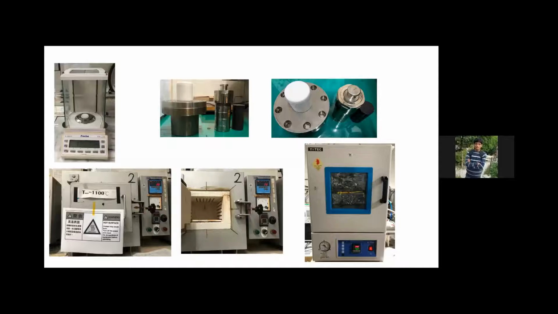It might change the crystal structure or the morphology, because the chemical reaction happens inside under pressure. So for chemical reaction or material synthesis, pressure, temperature, and time are much more important. With different pressure, different temperature, and different time, we can get different materials.